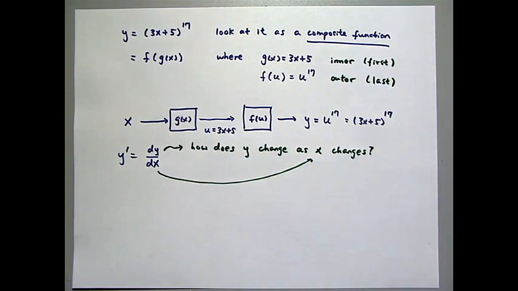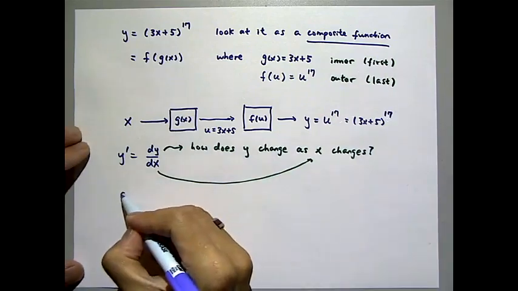That's one advantage of the Leibniz notation. It explicitly spells out how does one thing change as a response to some other thing changing. If I change x over here, how does that propagate down this string, eventually affecting y?